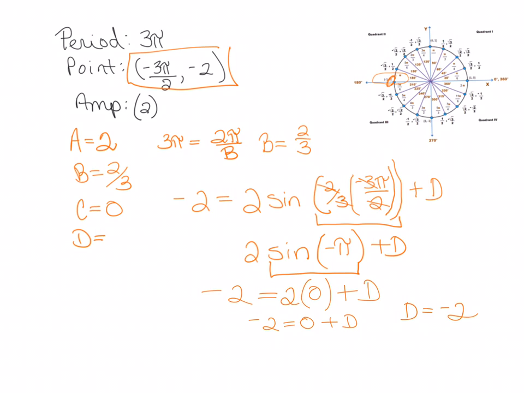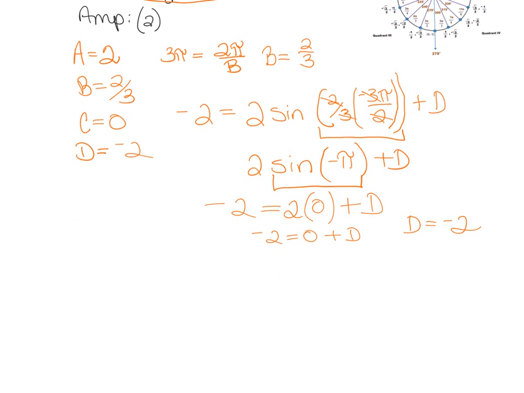So now we have d. And we have everything we need now to write that function. So let me slide everything up here out of the way. And I can write my function. So my function is going to be f of x equals 2 sine 2/3 x minus 2.